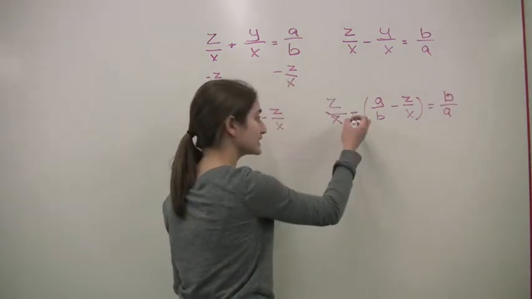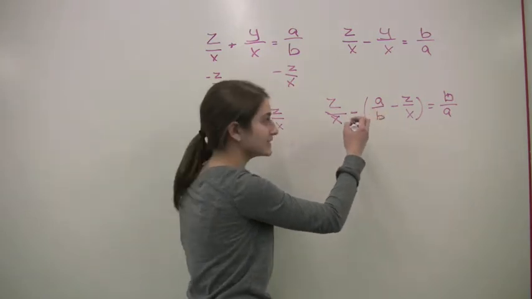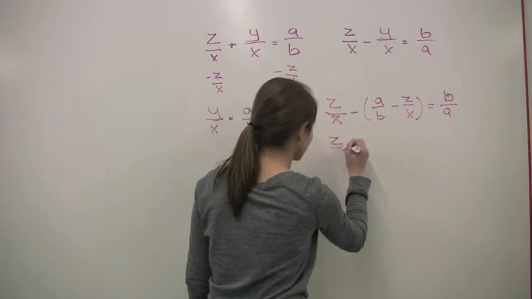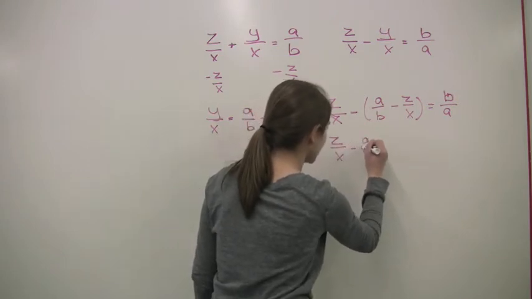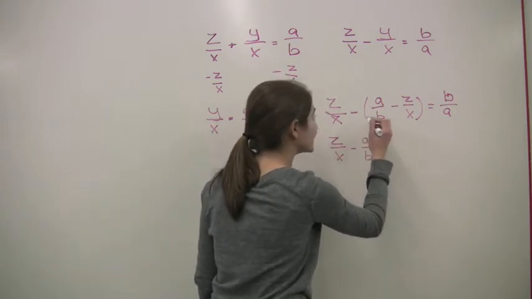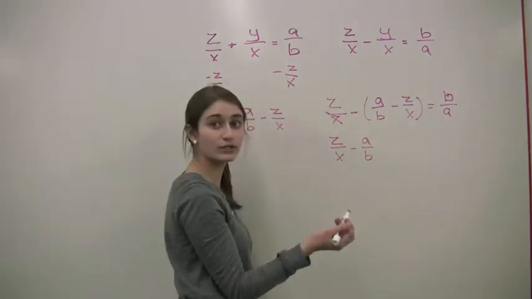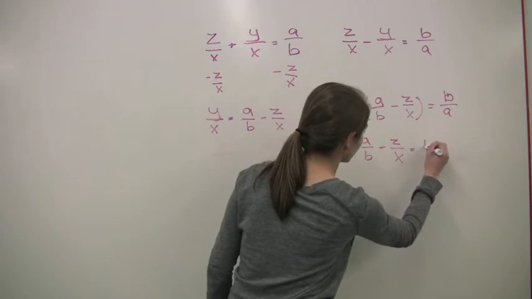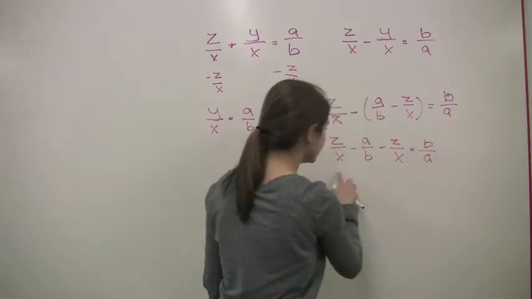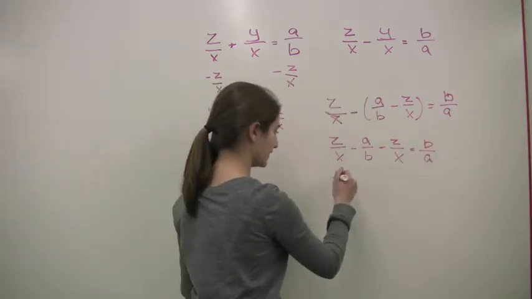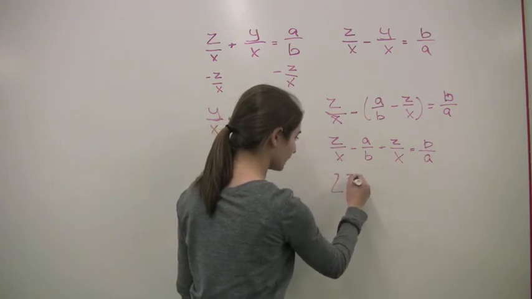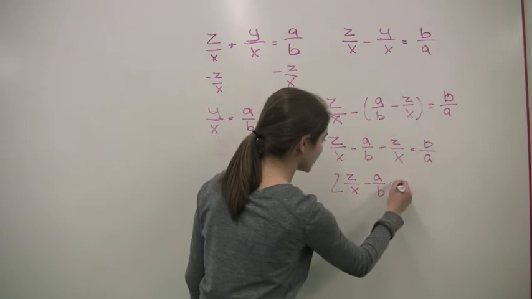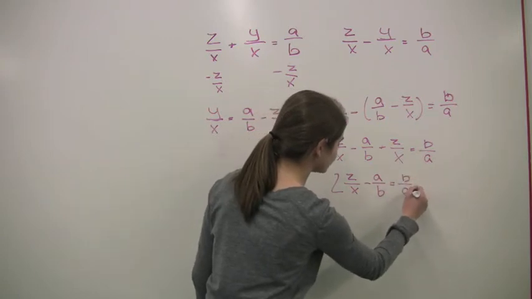This gets us z over x minus (a over b minus z over x) equal to b over a. Because the subtraction sign is in front of the parentheses, it must be distributed to both terms. This results in z over x minus a over b plus z over x, equaling b over a. Z over x can then be added to z over x to equal 2z over x minus a over b, equaling b over a.